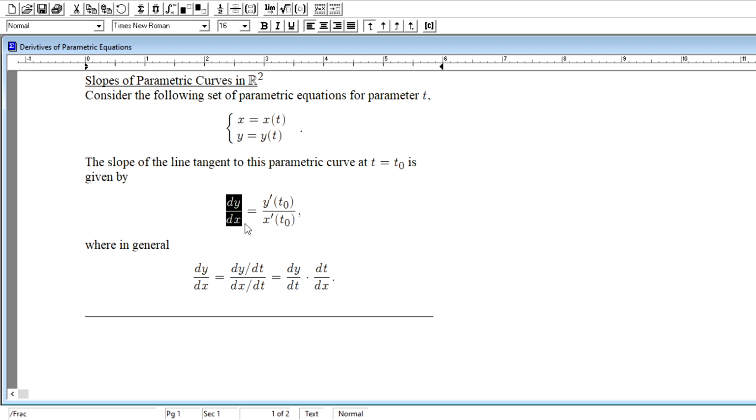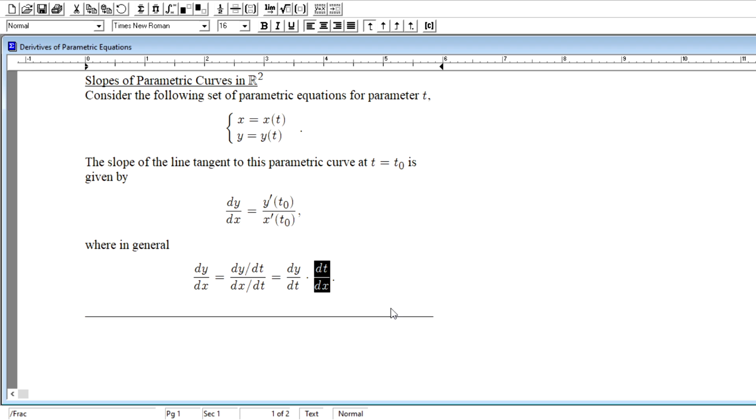The slope of the line tangent to this parametric curve is really just the derivative of y in terms of t over the derivative of x in terms of t. And we see that in our general statement below: dy/dx is just dy/dt divided by dx/dt, or the derivative of y with respect to t times the reciprocal of the derivative of x with respect to t.